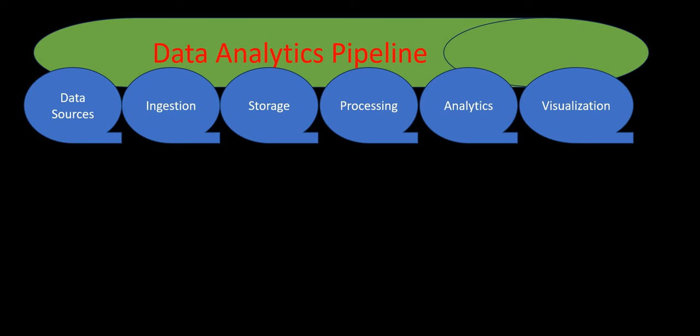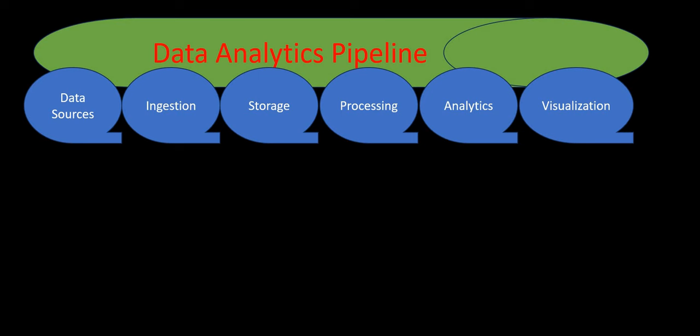In this, the data source can be IoT devices, log files, or any database, and the data can be in the cloud or on premises. Ingestion can be done using Amazon Kinesis, also AWS DMS and the AWS Snow family, but right now I'm talking about Amazon Kinesis.